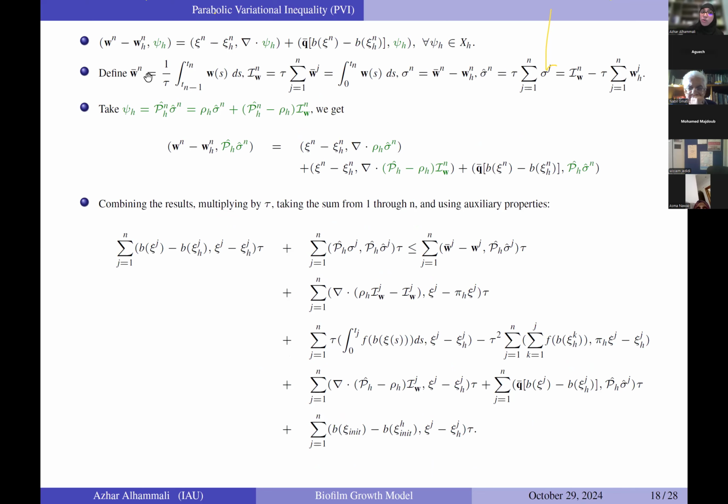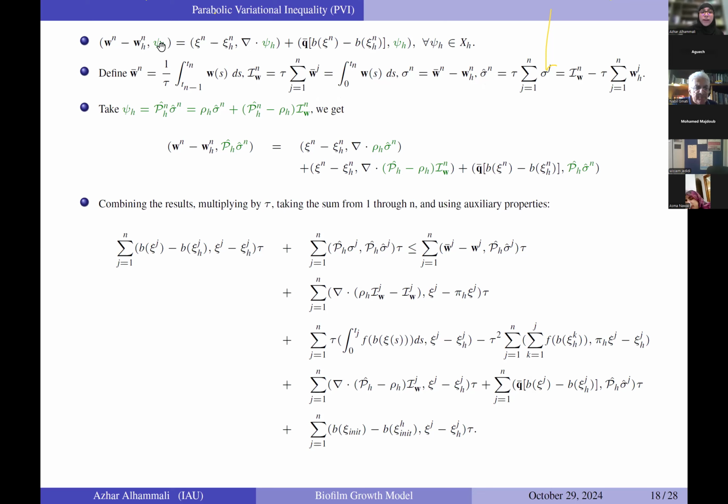IWN is the sum of those averages, okay? And sigma n is the error between this average and the numerical solution of the flux. Sigma hat n is the error of the integral of the flux from 0 to Tn. So it's the difference between IWN and its approximation.